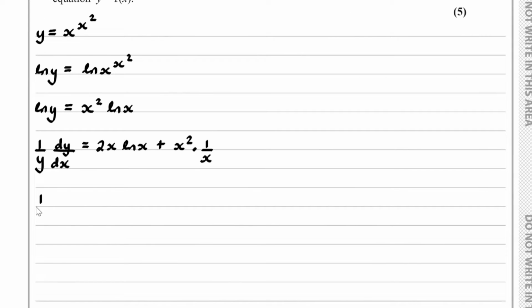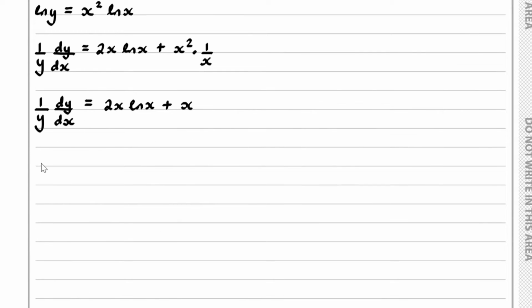So we have 1 over y multiplied by dy over dx, and this is equal to 2x times the natural log of x plus x. x squared multiplied by 1 over x is just x.